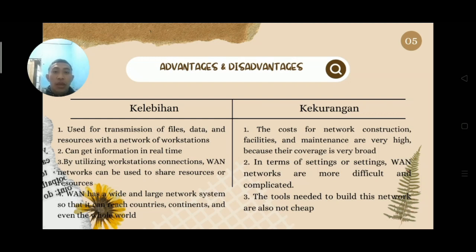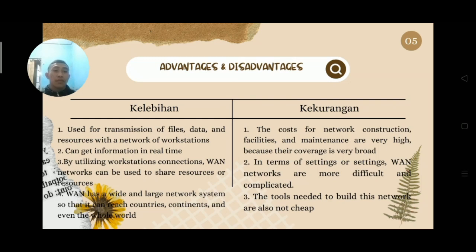And the second one, can get information in real time, and then by utilizing workstation connection, WAN network can be used to share research. And for the last one, WAN has a wide and large network system so that it can reach countries, continents, and even the whole world.